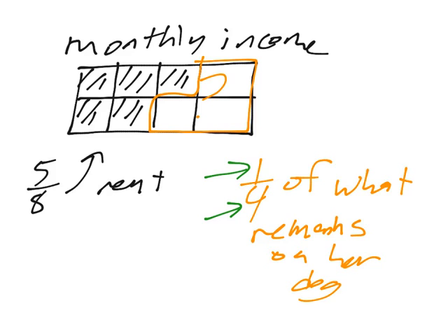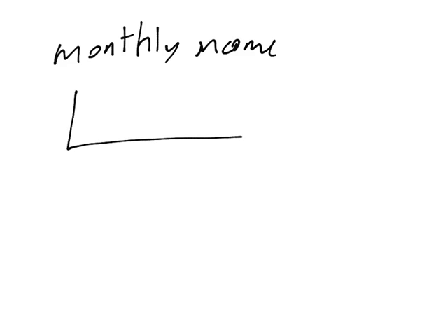In general, if you're not doing a complicated problem, it doesn't really matter how you represent 5/8. As long as you have 8 equal-sized pieces and shade 5 of them, you're good. But in this case, it kind of matters. So, monthly income, with the rectangle again.